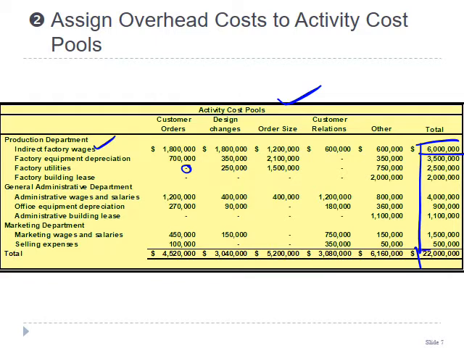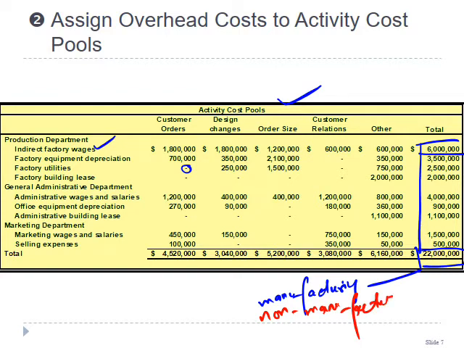So hence our total 22 million, which belongs to both manufacturing cost and our non-manufacturing costs. So we divided this 22 million into 5 cost pools according to first stage allocation.